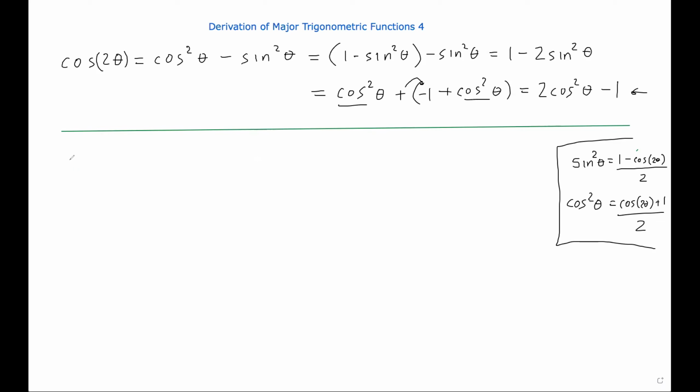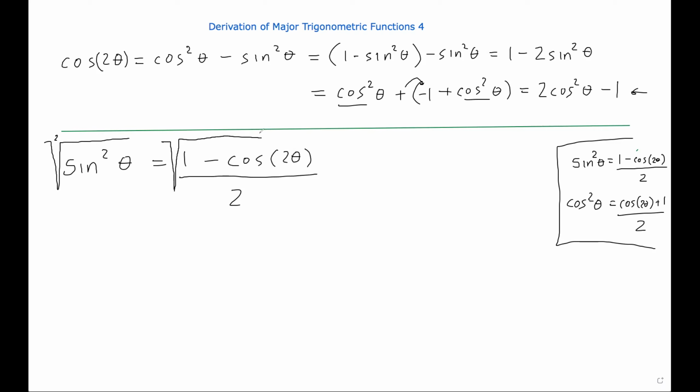Okay, so let's write this over. Sine squared theta equals 1 minus cosine of the double angle, twice theta, all divided by 2. Let's take the square root on both sides.